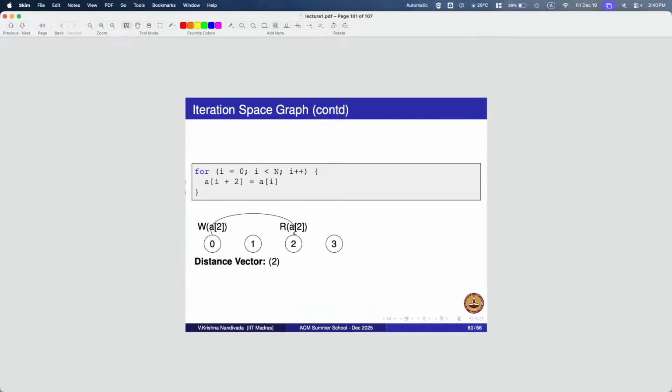We are saying there is a dependence from iteration 0 to iteration 2. What's the distance? Distance is 2 iterations. In iteration x, if you are doing something and something in iteration x plus 2 is dependent on it, I say the distance is 2, right?